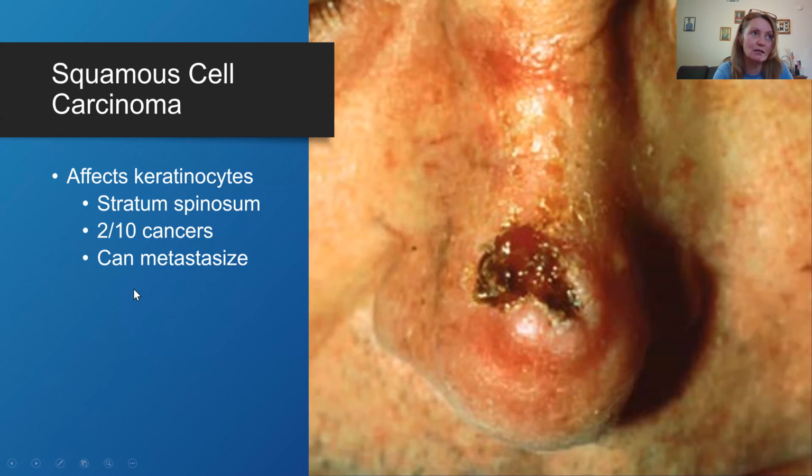So this is the second most common skin cancer, and this one is more aggressive and can metastasize. It usually looks like a sore that does not heal. It might heal for a while, then it goes raw again. So this is actually a patient's nose. That's a very common appearance for this cancer on the face, on the nose especially.